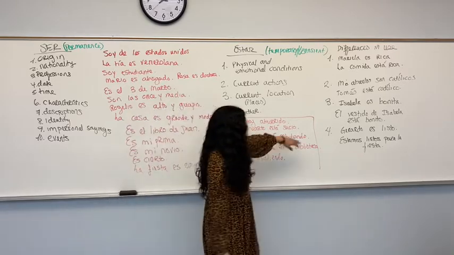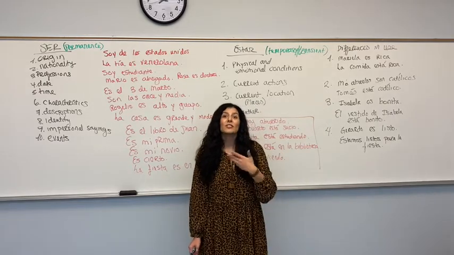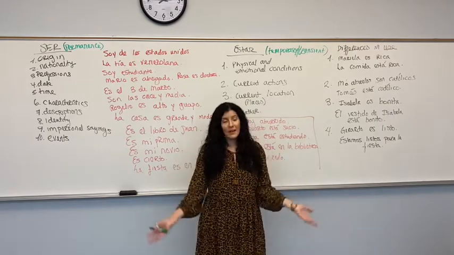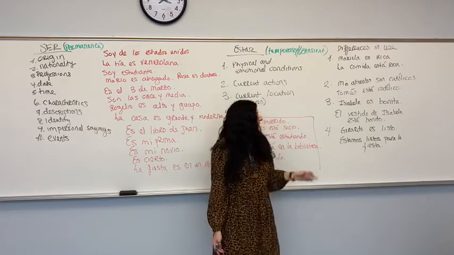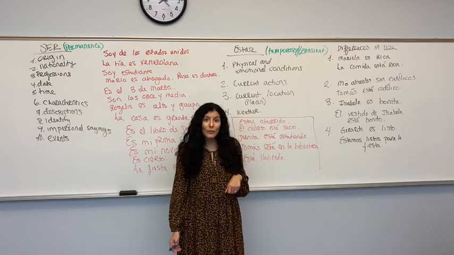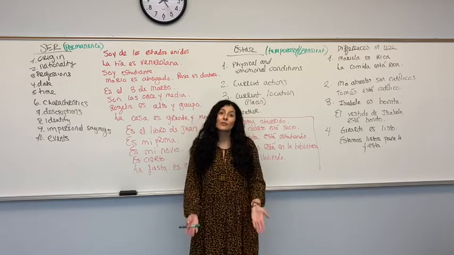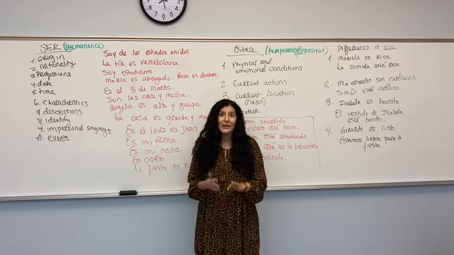If I say, Isabela es bonita, I'm saying she's pretty. All the time she's pretty. Every moment she's pretty. If I said, el vestido de Isabela está bonito, I'm saying the dress that she's currently wearing in this moment is attractive.